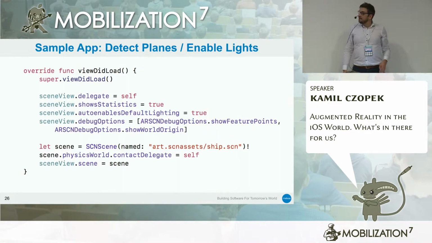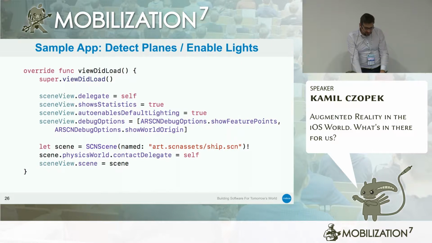For detecting planes, it's happening from the real beginning. There are actually two parts. The one is setting the delegate of the scene view to self, and the other part is handling the delegate methods. But in this delegate, there are a few more things happening. This shows statistics. It displays how many FPS we get.